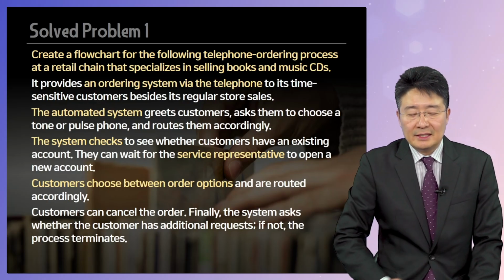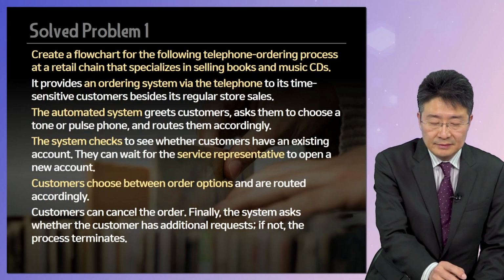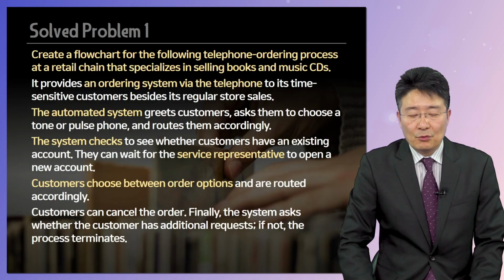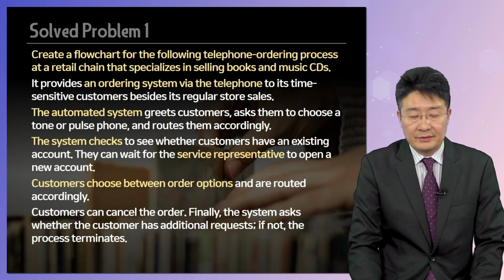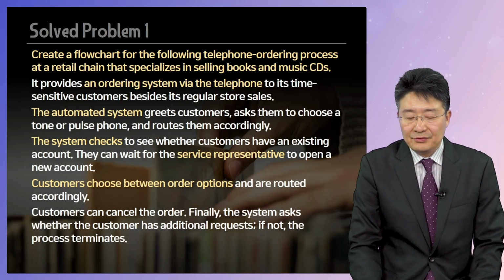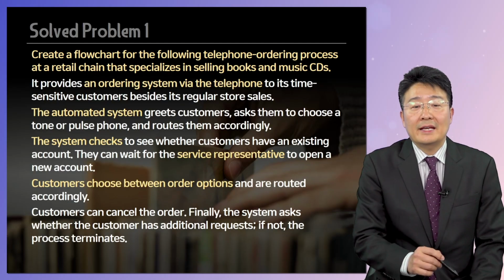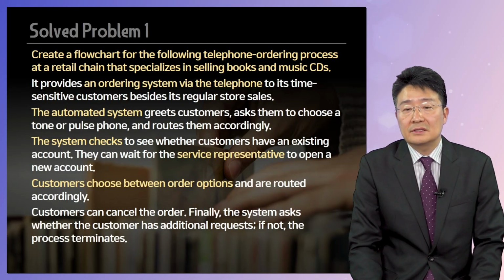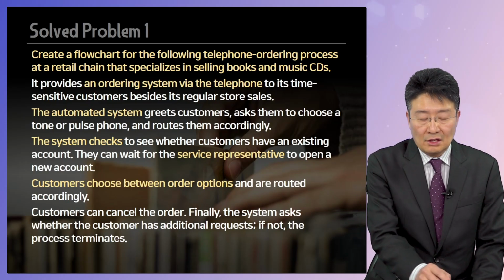The system checks to see whether customers have an existing account. They can wait for the system representative to open a new account. Customers choose between order options and are routed accordingly. Customers can cancel the order. Finally, the system asks whether the customer has additional requests. If not, the process terminates.